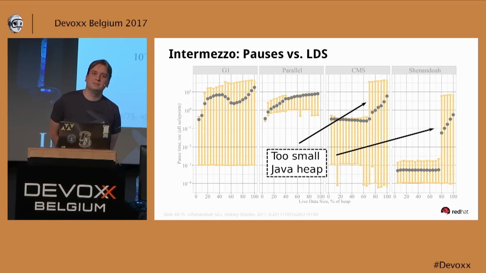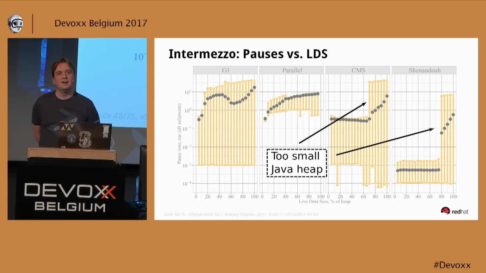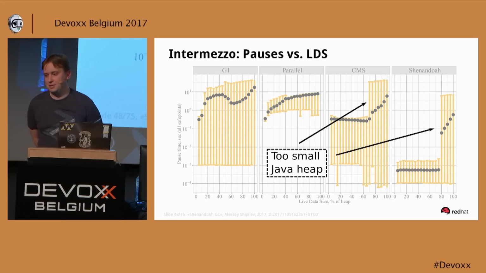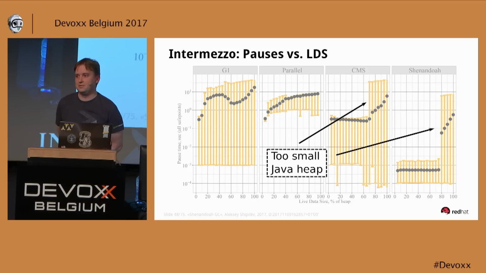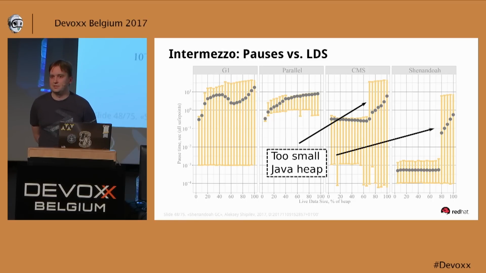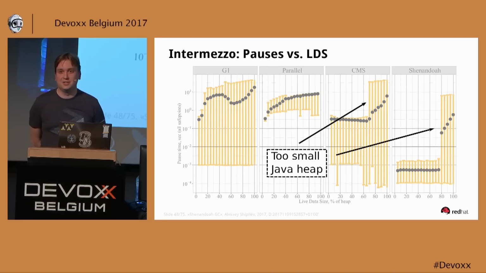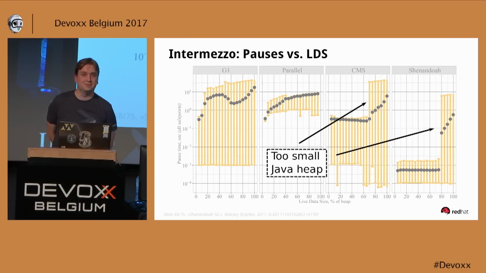But what about these? These kind of do not look right. And if you talk to the GC guys about this and say, I have a problem and my GC runs into stop-the-world events every so often because I have 90% occupancy in the heap, the GC guys would tell you, well, don't do that. Just give yourself a larger heap and everything will just work itself out from there.